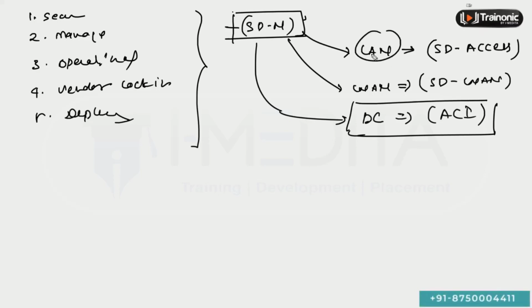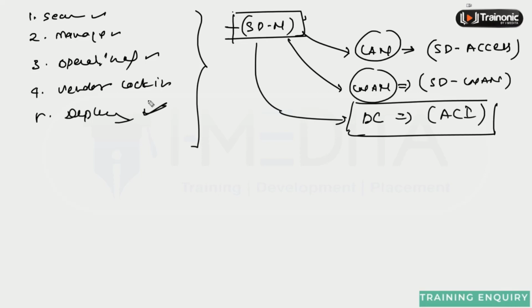Software-defined access and software-defined WAN were introduced in our enterprise campus area network so that we can have a centralized point of control over LAN and WAN. This is going to address security-related concerns, allow us to manage all the devices from a centralized point of view, and make the deployment of new devices very easy.